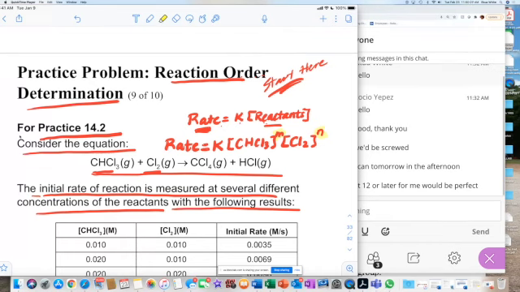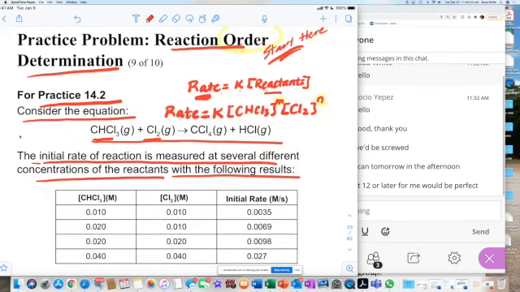Just to let me know ahead of time, this is what my goal is, okay? You're figuring out the reaction order, meaning you're going to solve for m and n in the rate law. Once I solve for m and n, I'm going to replace m and n in my placeholder rate law, and then I have gotten my rate law, okay?